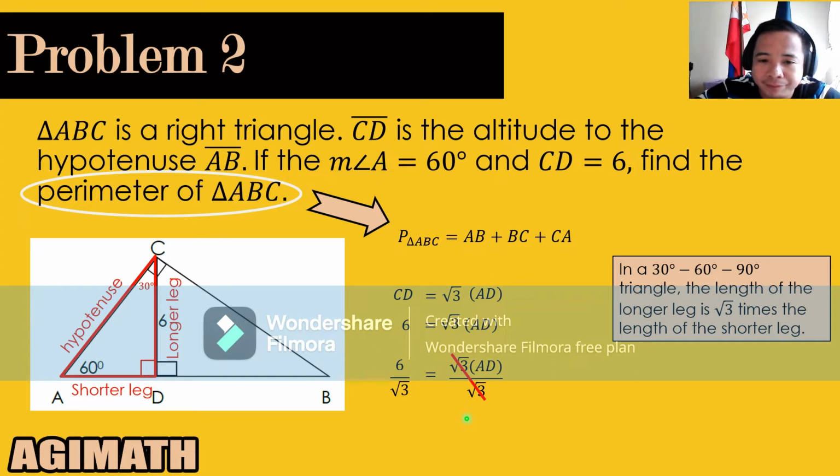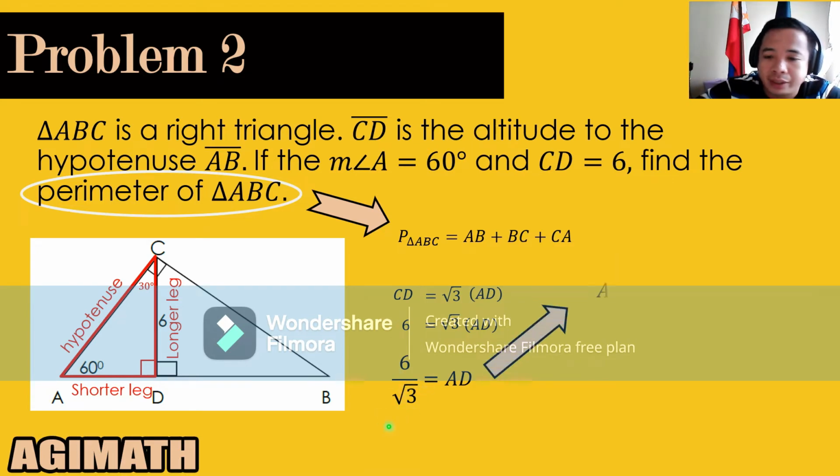So that's it. And then we can have AD is equal to 6 over square root of 3. And then to make it more beautiful, we can apply the symmetric property so that we can write it this way. AD is equal to 6 over square root of 3.